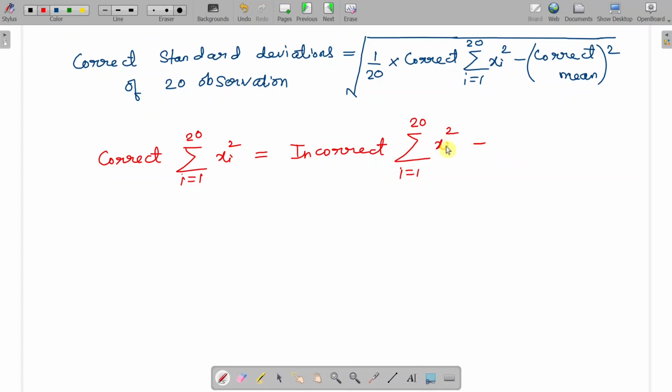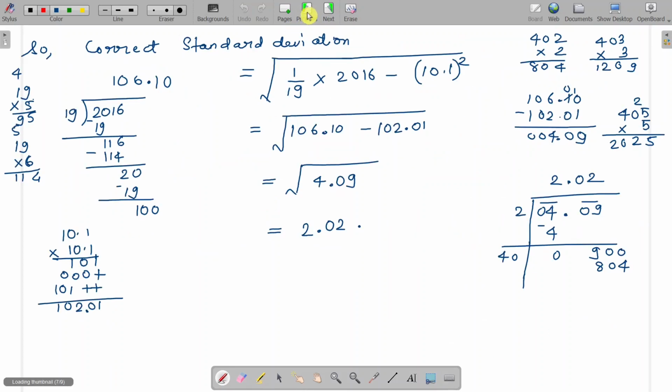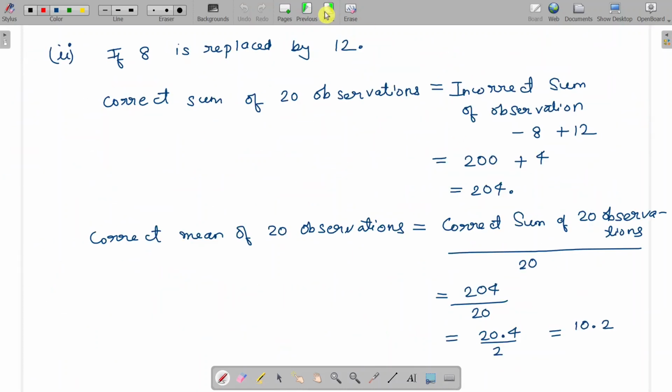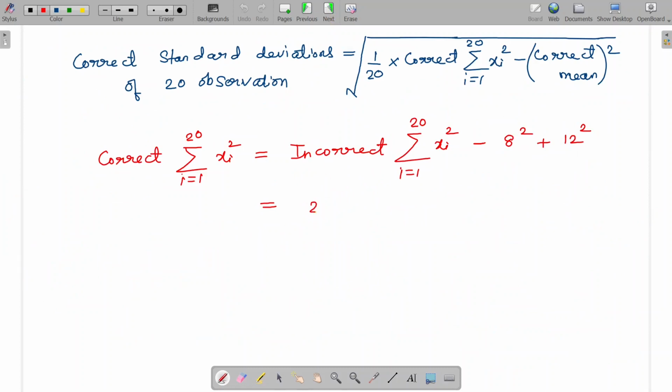So minus 8 square, because it is xi square, minus 8 square and add 12 square. So this is equal to incorrect summation xi square, which is here 2080. Okay, so 2080 minus 64 plus 144.